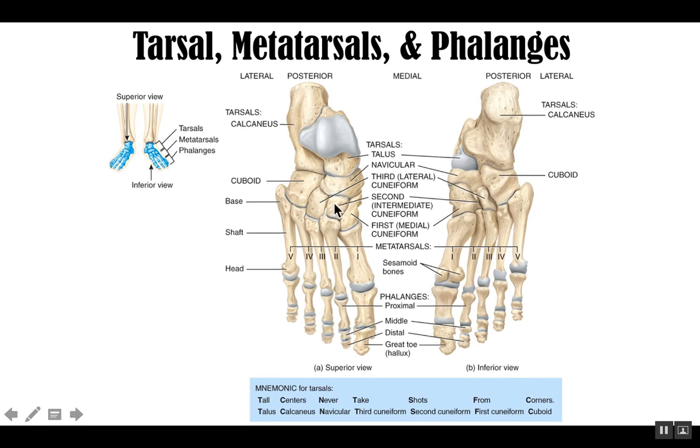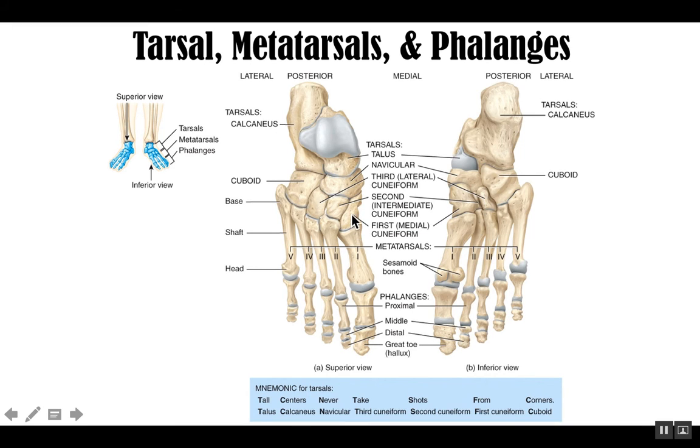Then there are 3 bones that are all known as cuneiforms. The word cuneiform means wedge-shaped. It's kind of reminiscent of a wedge that you would use to hold a door open. It's a bit wider on the top surface, and then it comes to a point on the bottom surface, so it's wedge-shaped.